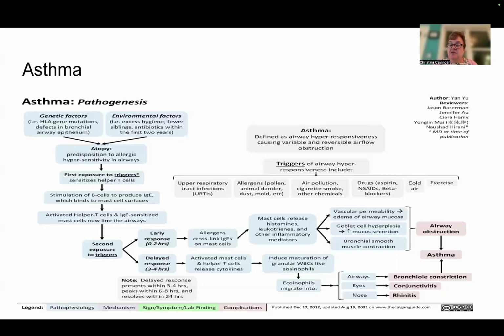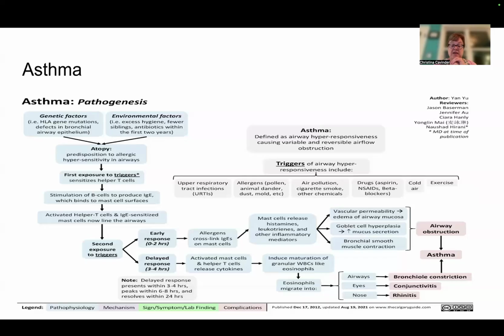The bronchial smooth muscle contracts because it's trying to block whatever trigger is coming into the lungs. So you have a lot of fluid, which causes edema, you have the mucus, and then you have bronchial constriction. That causes an obstruction, which leads to an asthma attack. It's very difficult getting air in and out.